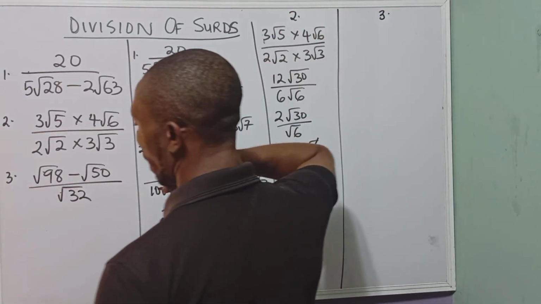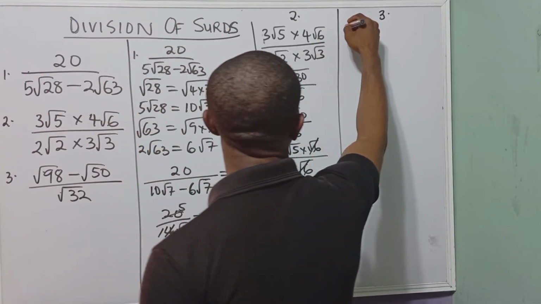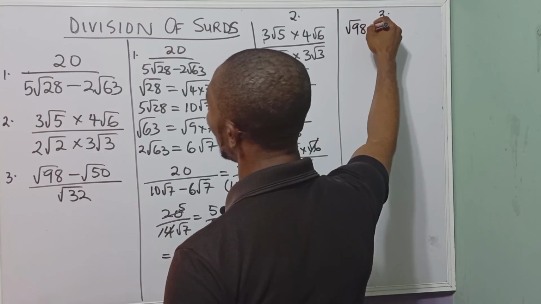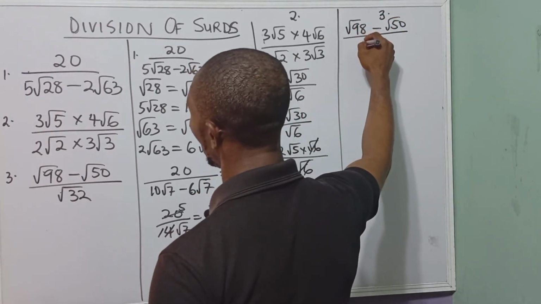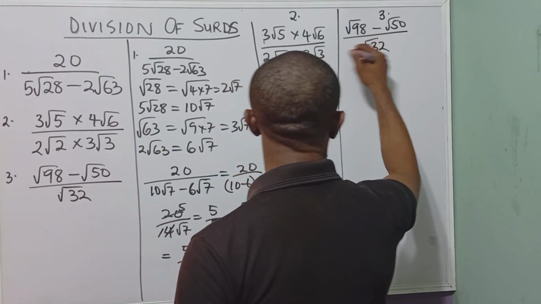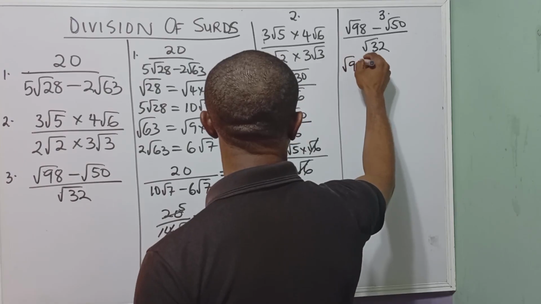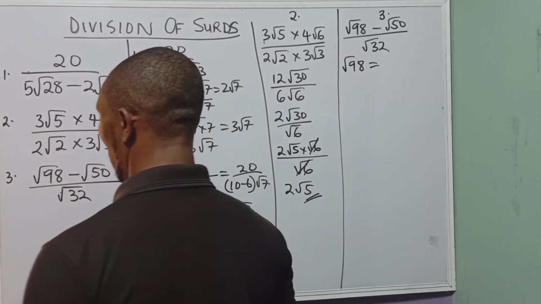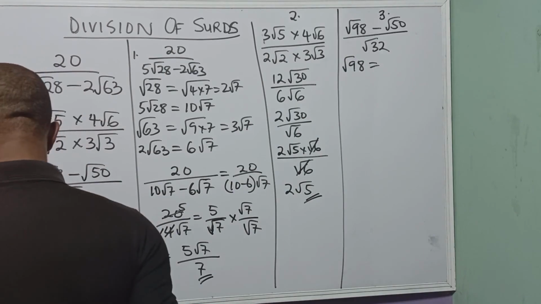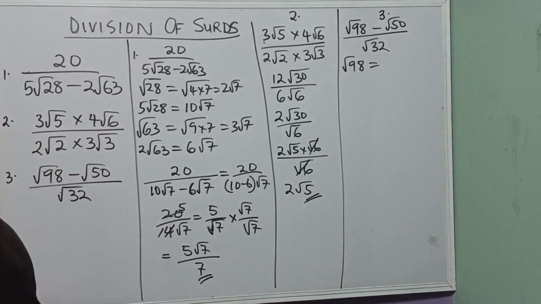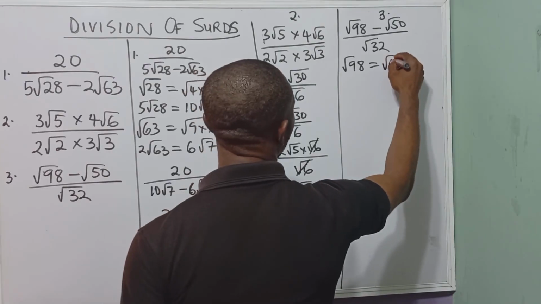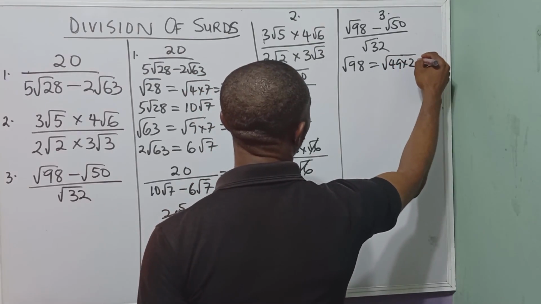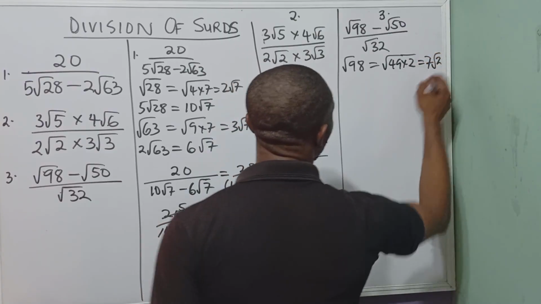So question 3, we have root 98 minus root 50 all over root 32. Now let's break 98 down. Root 98 would give us 49 times 2, so root 49 times 2, which is 7 root 2.